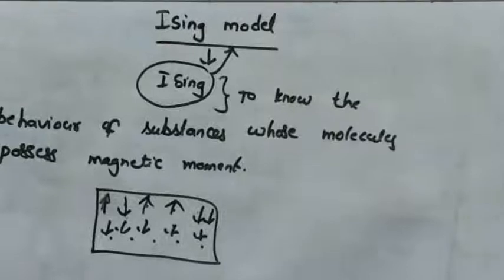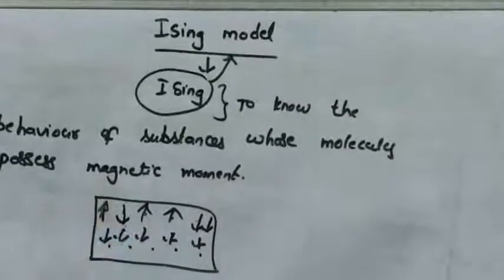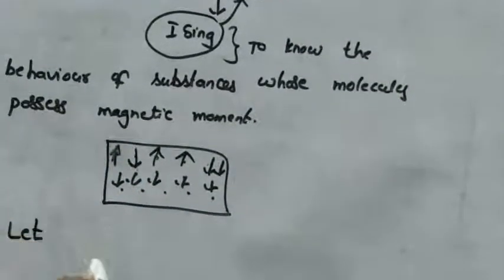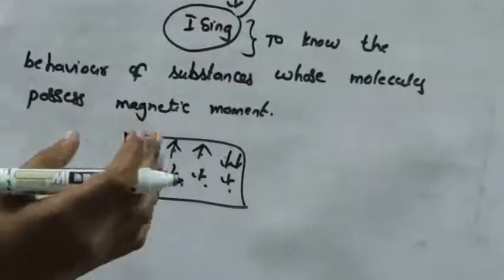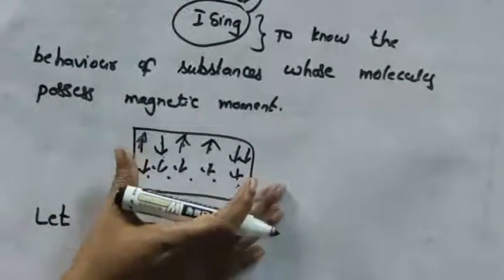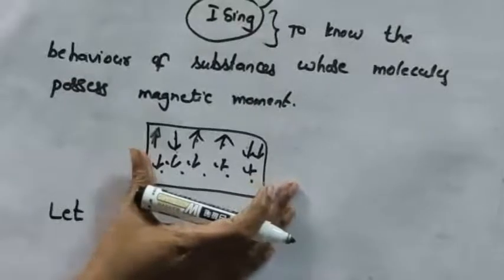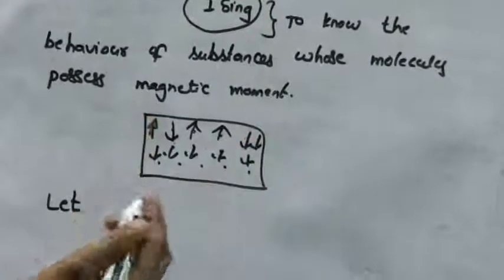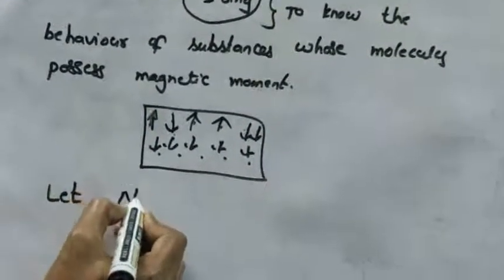Now, let the number of molecules in the substance which possess the up spin be denoted by Na.